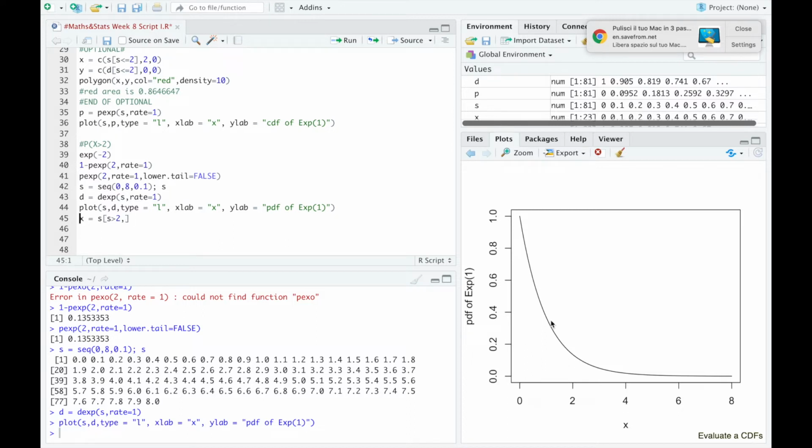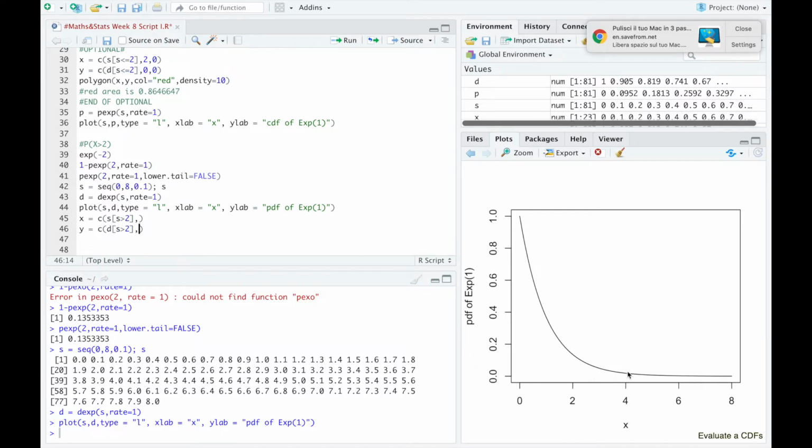Okay, let me finish this later. We will have to add some points, but no problem. Remember, this is optional. y is equal to the density, but only for s greater than 2.